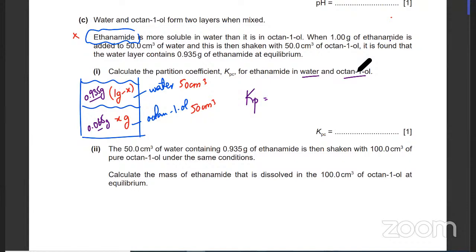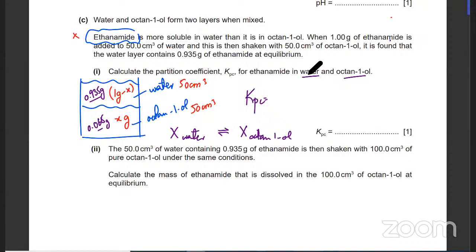The problem is you don't know how the equilibrium is written. Is it an equilibrium between X in water and X in octan-1-ol, or maybe it's the other way around? So you don't know how the expression is written, right? Is it products over reactants, or is this the product and that's your reactant? So that's the confusion.